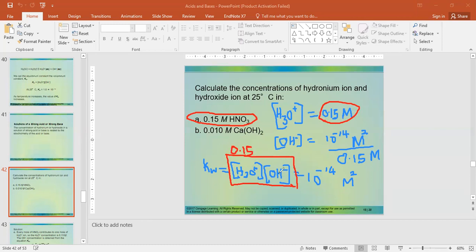So for us to get the concentration of the hydroxide ion, we simply say 0.15 multiplied by the concentration of the hydroxyl ion is equal to 10 to the power minus 14 m squared. So the question now is, how do we get the concentration of this? That's why we are dividing both sides by 0.15 molar. Is that clear from the student who asked?